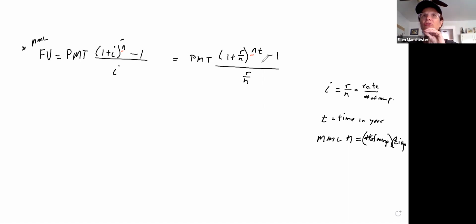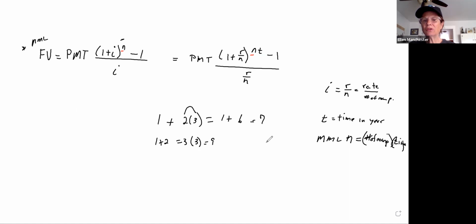Okay, so if I have 1 plus 2 times 3, in a calculator, if I put it in straight like that, it's going to do 1 plus 2, get that answer, and then it's going to multiply it by 3, which is 9. But order of operations says do your multiplication first and then your addition. You can see you have 2 different answers.